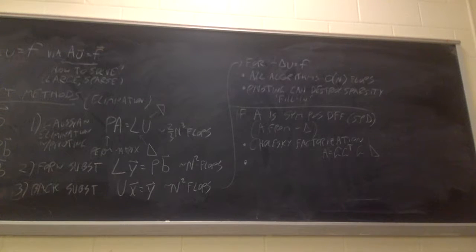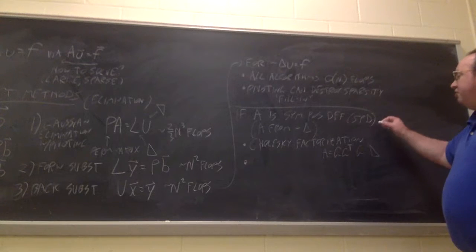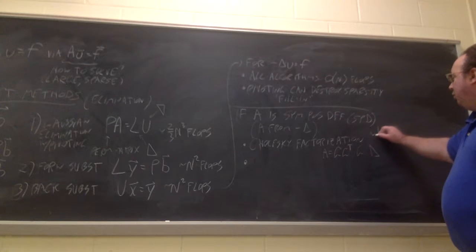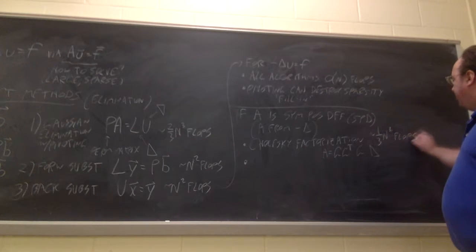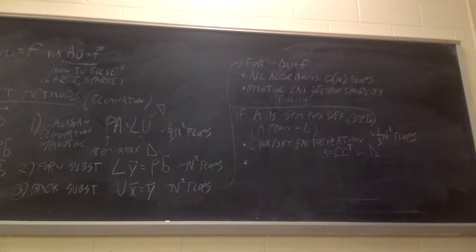But now the factors are transposes of each other. And for a general case, this is roughly 1/3 n cubed floating point operations. So it takes half as much work as Gauss elimination just because of the symmetry. So that's why it's a good idea.